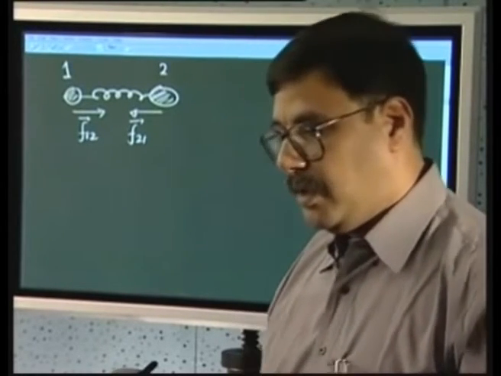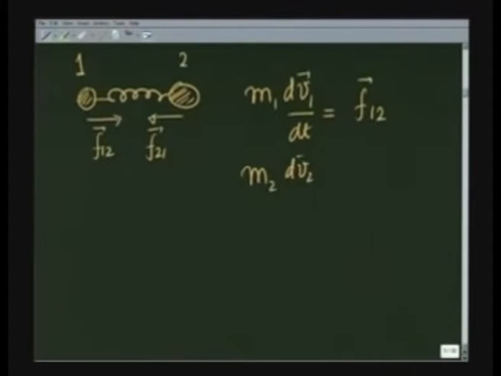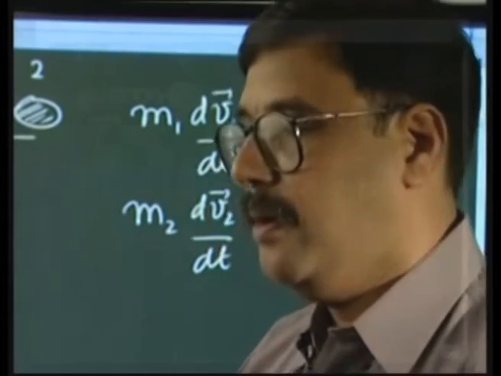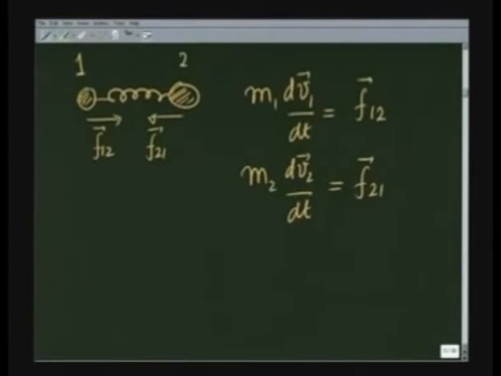I am using these indices to indicate F12 indicates force on 1 by 2 and F21 indicates force on 2 by 1. If I write the Newton's second law equation for each mass, I am going to have m1 dv1/dt is equal to F12, and I am going to have m2 dv2/dt is equal to F21. But by Newton's third law, F21 is going to be opposite and equal to F12. So the magnitudes are the same, the direction is opposite.